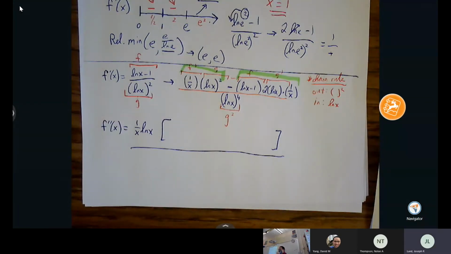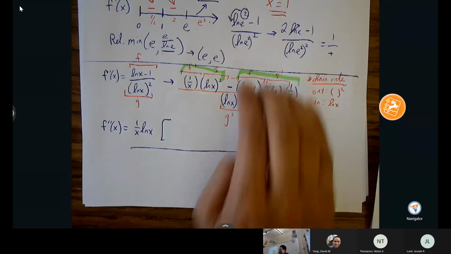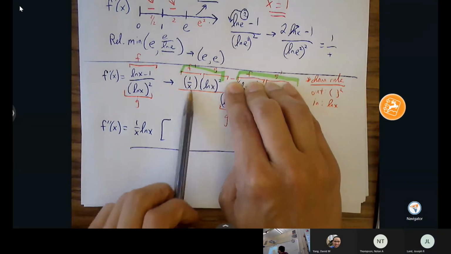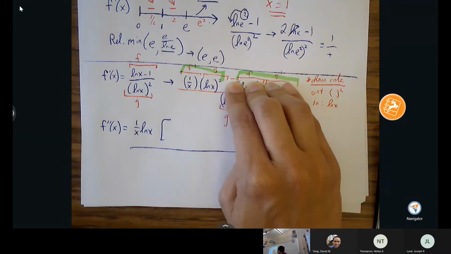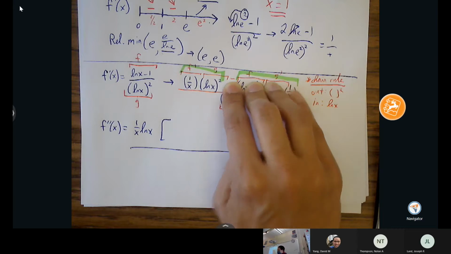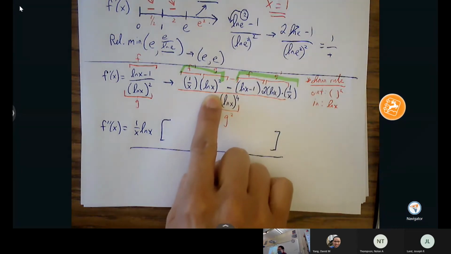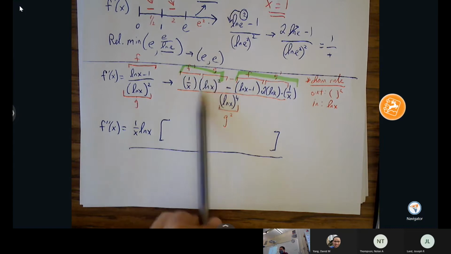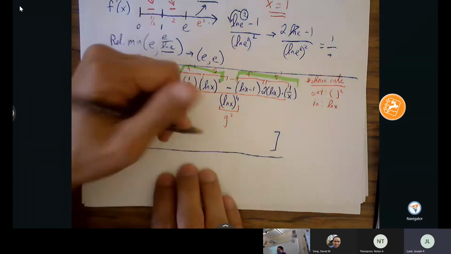Let's just look at the first expression here. What does that natural log of x squared mean? That means this natural log of x and another natural log of x, right? So if I remove one natural log of x, what am I left with still? Still natural log of x.